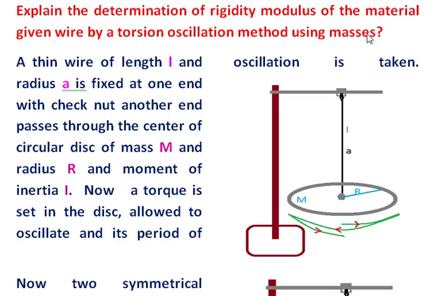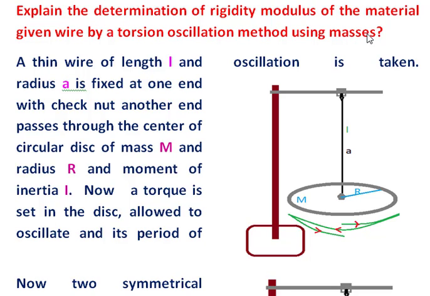In this connection, the question is: explain the determination of the rigidity modulus of the material by the torsional oscillation method using masses. Already we have discussed the rigidity modulus of the material of the given wire without the masses method. Now we are going to discuss using masses.